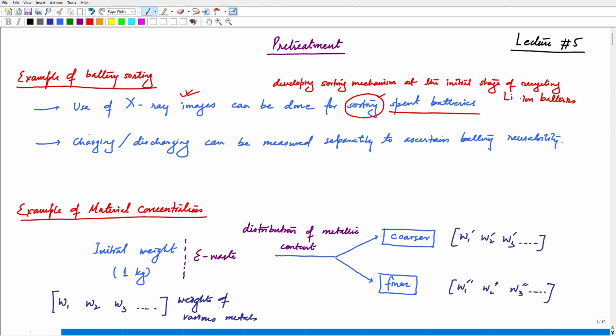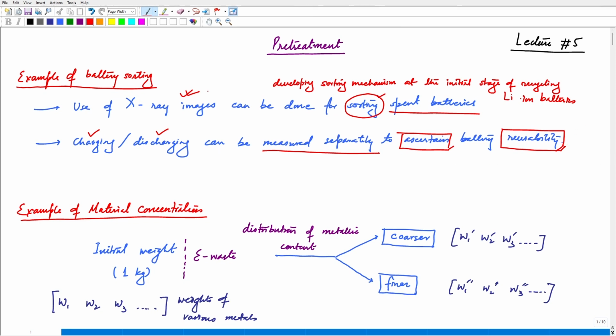So, one has to go ahead and do the charging and discharging, and this type of measurement can be done separately. So, once we have sorted it, we can again think of determining whether a given battery is functional or not, and whether it is reusable or not, or if at all it is not reusable, what else can be done.